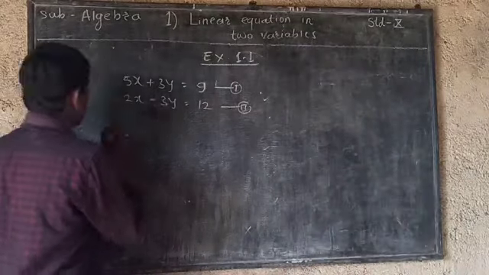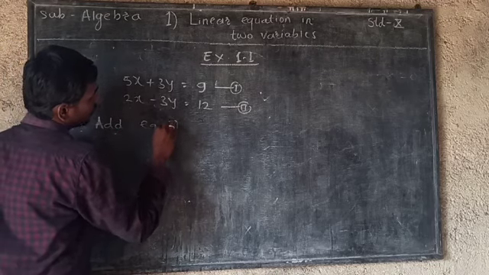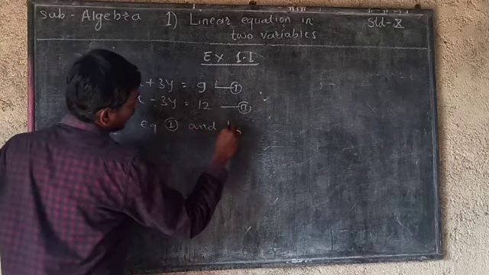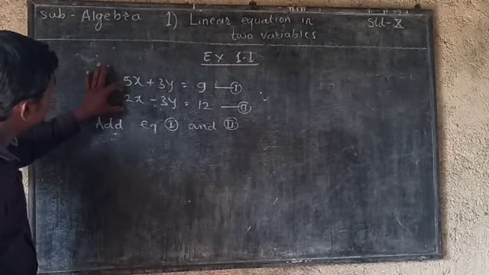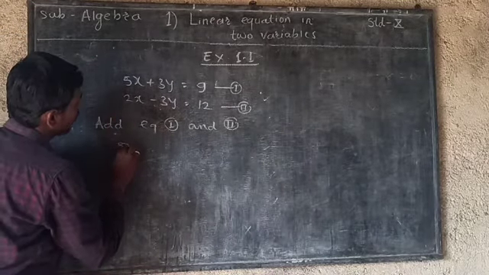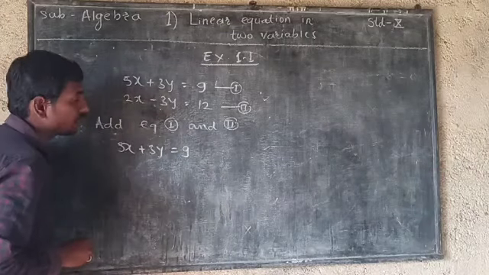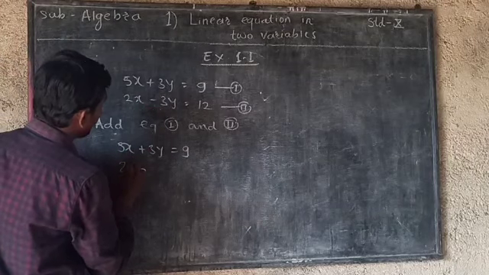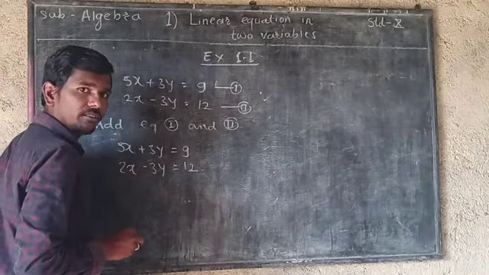Okay, so we have to add the first and second equations. So when we add, you will get 5x plus 3y is equal to 9. This is the first equation. And then 2x minus 3y is equal to 12. This is the second equation, right?